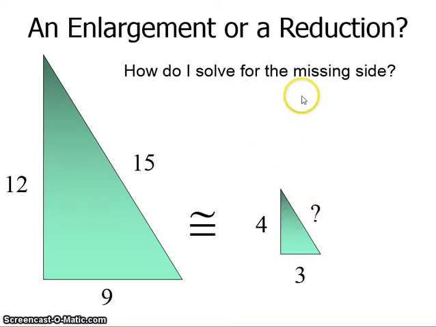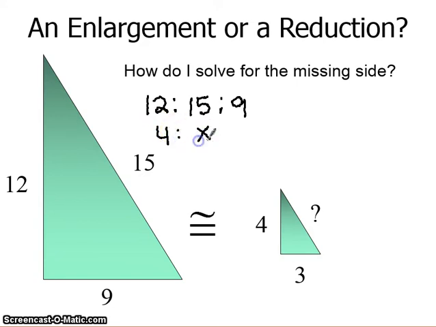What we can do is begin by writing a ratio for each figure. Let's start with the height of this larger triangle. So 12 to 15 to 9 will be our ratio for the larger triangle. And then let's write a ratio for the smaller triangle following the same pattern. We'll start again with the height, which is 4.